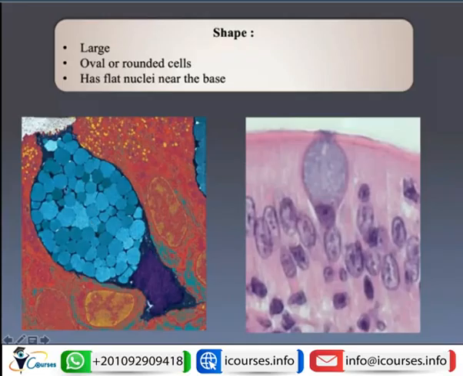So by electron microscopy, you can see that the goblet cells are large cells, oval or rounded, that have nuclei which are near the base. So the nucleus of the goblet cells is present near the base.